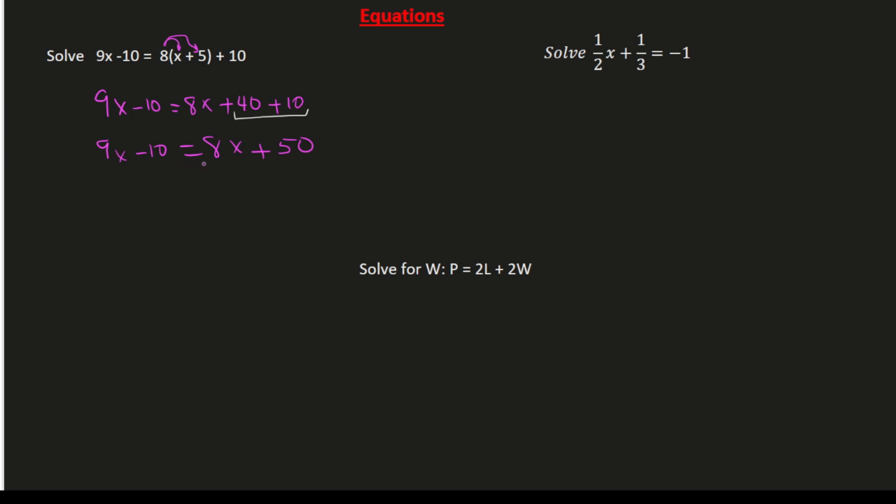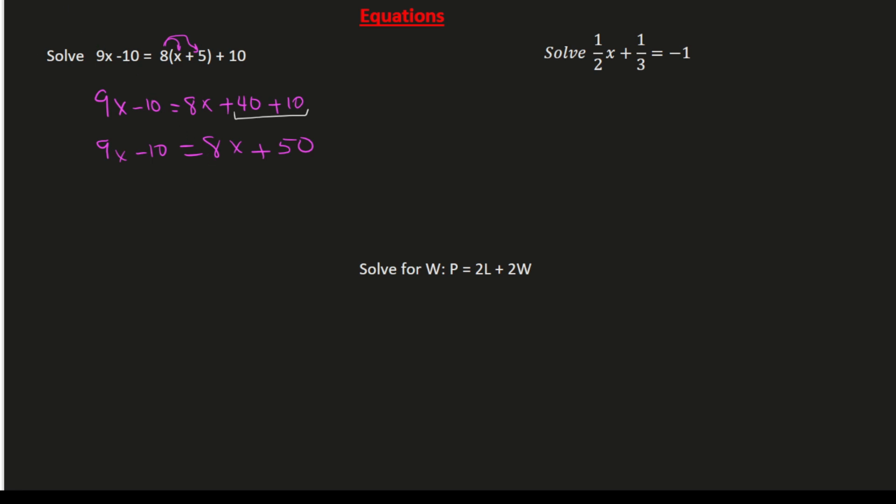So what we want to do, we want to move all the x's from this side to this side over here, and all the numbers from this side, the minus 10, to where 50 is over here. So we are trying to put like terms together. And to move this 8x, we need to get just its opposite.